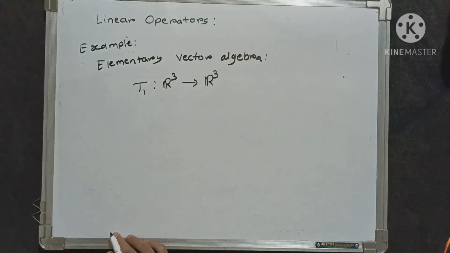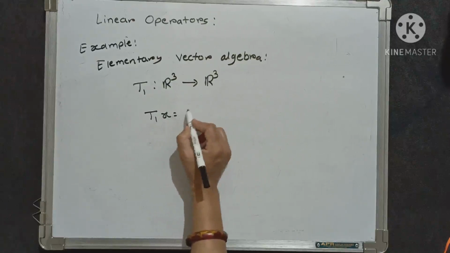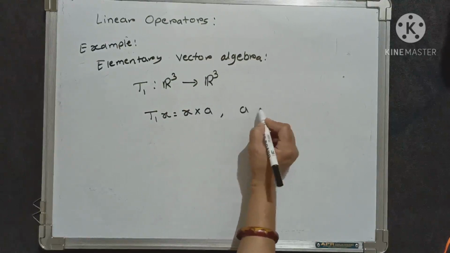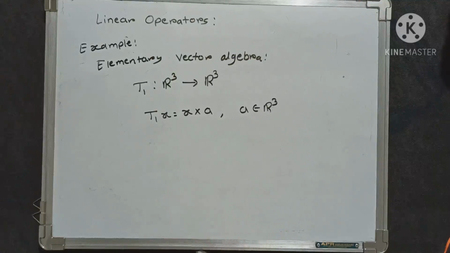The cross product with one vector kept fixed defines a linear operator like this: T1 of x is equal to x cross a, where a belongs to R3. It is a fixed vector.